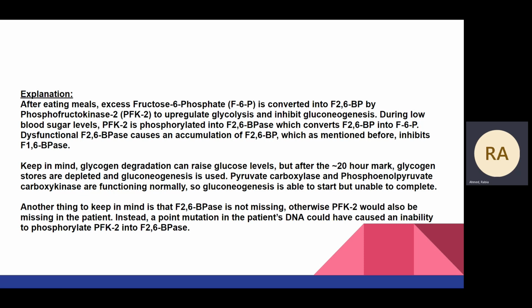So in order to understand this, you kind of have to know the glycolytic and the gluconeogenesis cycle. Specifically this one, because it has enzymes specific to just the gluconeogenesis cycle. And just remember that these two, glycolysis and gluconeogenesis, are antagonists of each other.